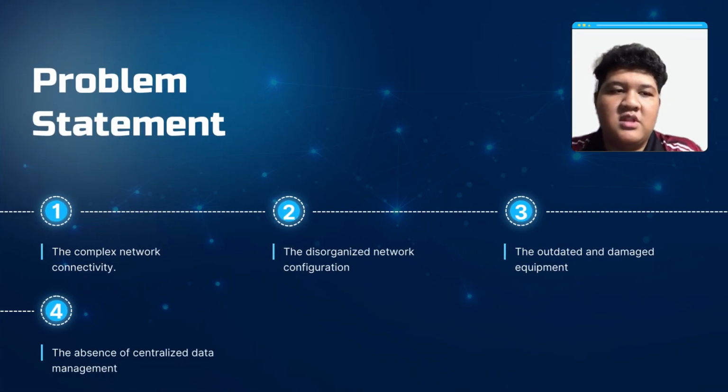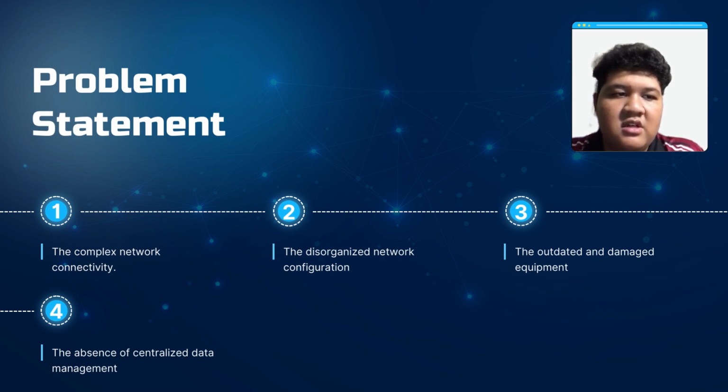So for the problem statement, the first one is the complex network connectivity. Inadequate LAN setting and the absence of network layer device make internal network connectivity complex. The second one is the disorganized network configuration. The network server lacks organization, leading to maintenance difficulties and improper device connections.